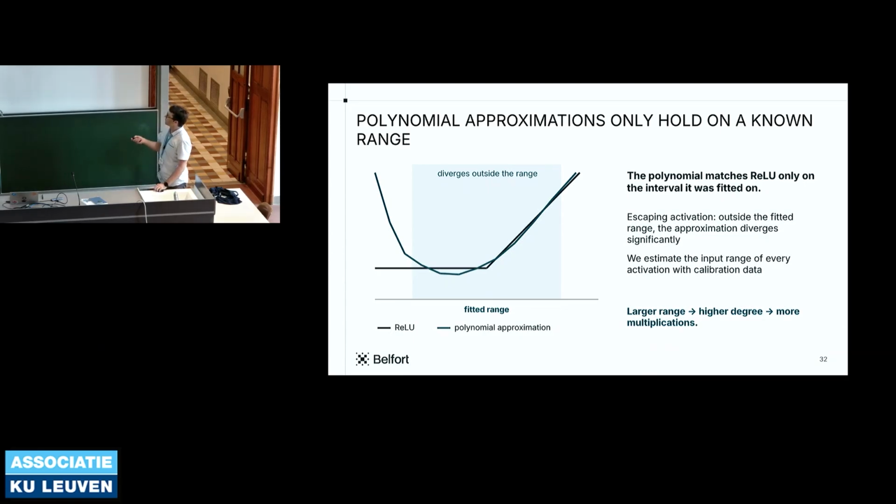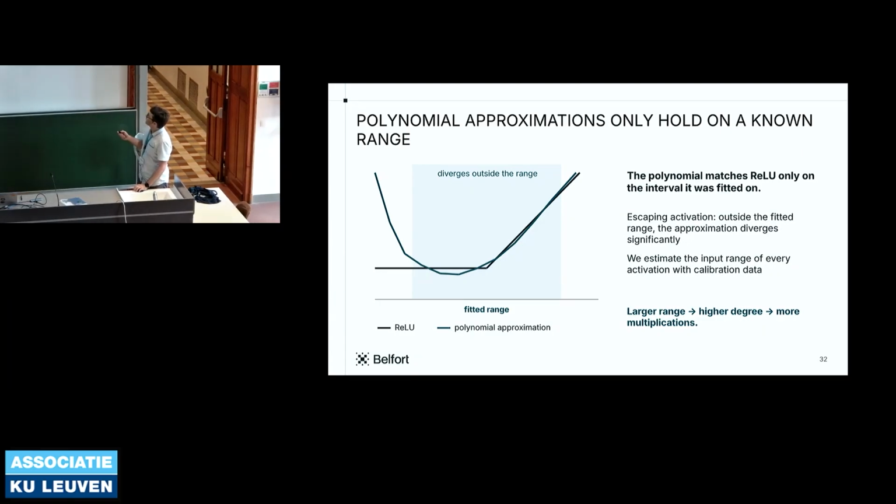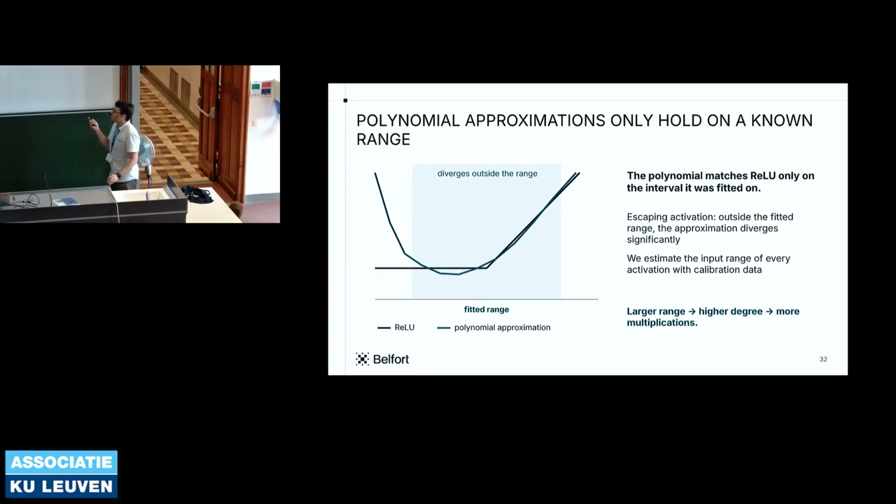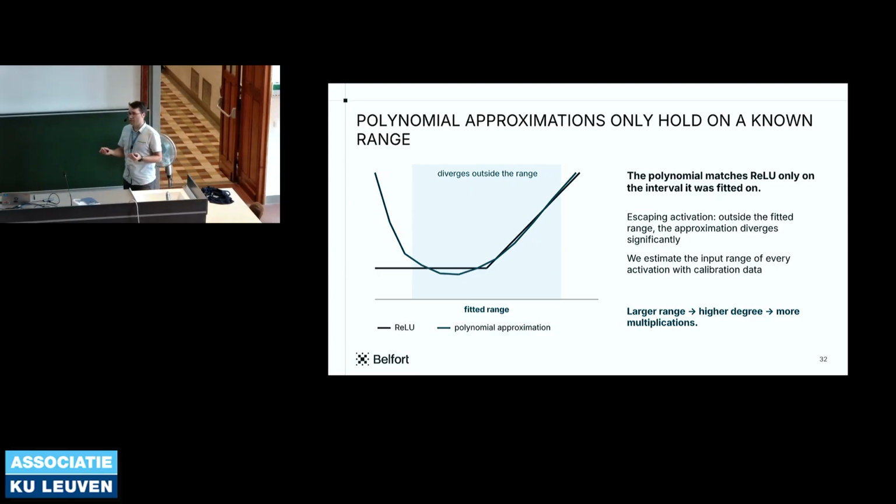And what's the error that I want to tolerate between my approximation and my ReLU? Of course, you're also going to pay a price, because if you want a very good approximation, then you need a higher degree polynomial, and a higher degree polynomial is going to be more expensive to compute.